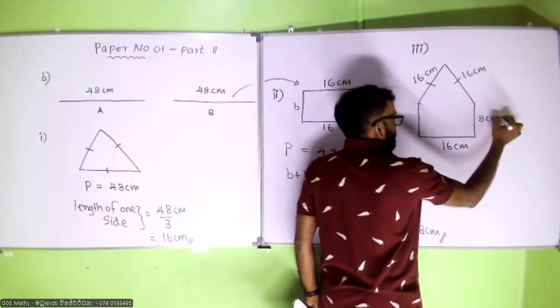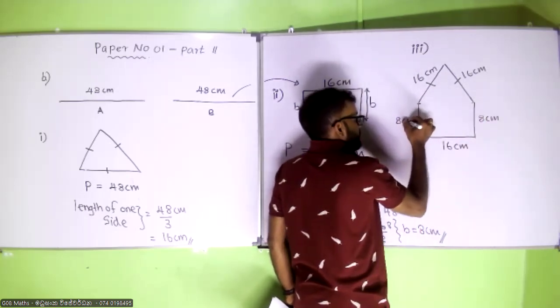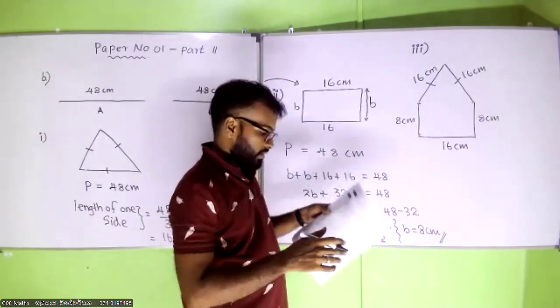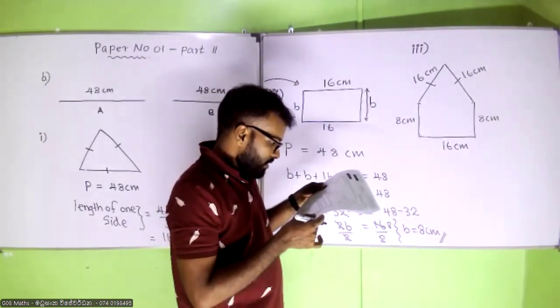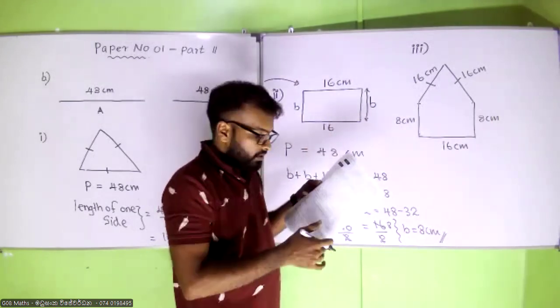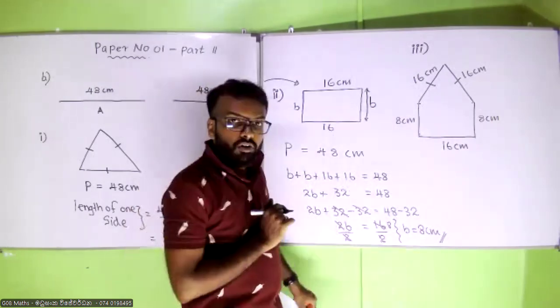This side is 8 centimeters and this side is also 8 centimeters. Now this is the rough sketch. Find the perimeter of it.